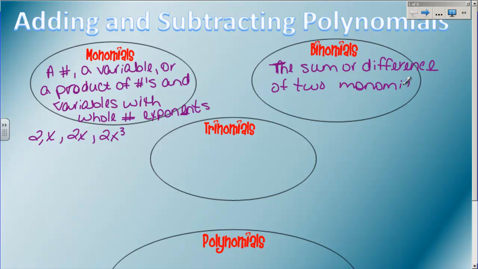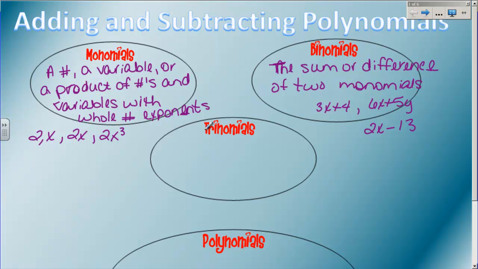So it's two monomials that are either being added or subtracted. For example, 3x plus 4 is a binomial. 6x plus 5y is also a binomial, but it could also be a subtraction, so you could also have like 2x minus 13. Those are all binomials. It's two monomials added or subtracted.